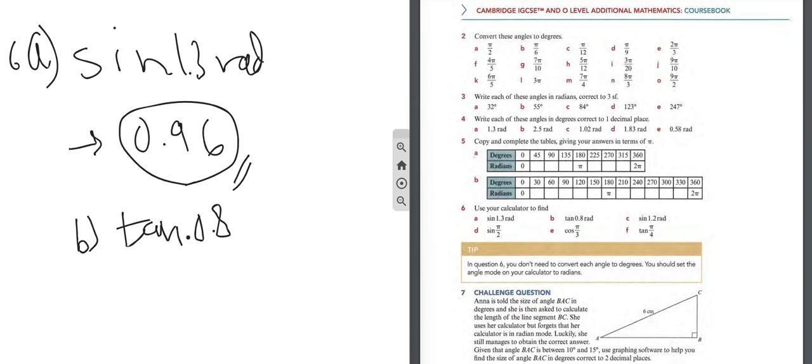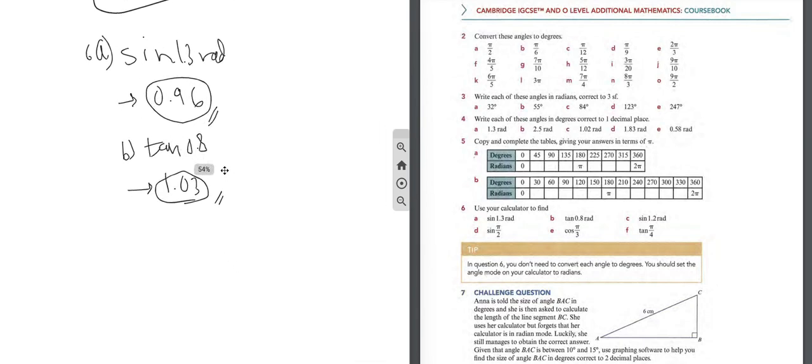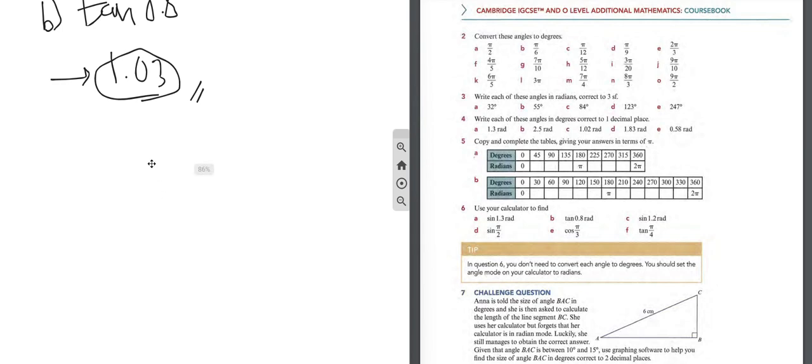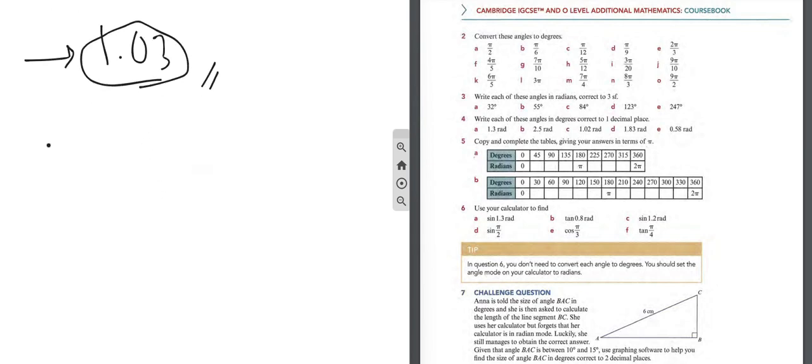So I'm just going to click on tan, then type 0.8, and you will get 1.0296, so 1.03 we can say. There you go.